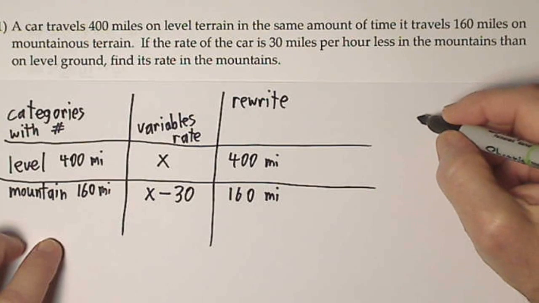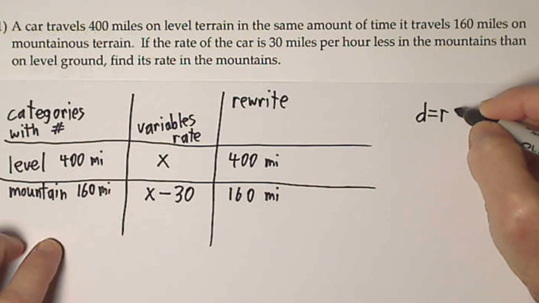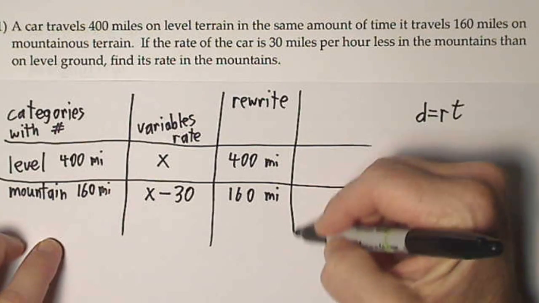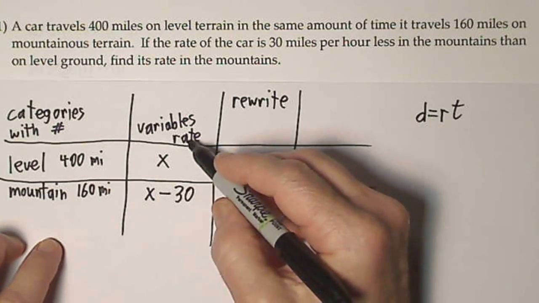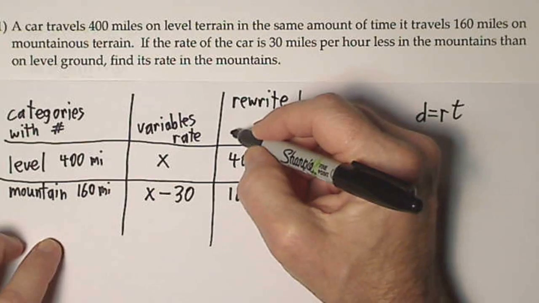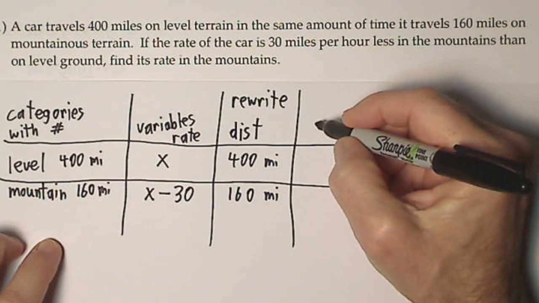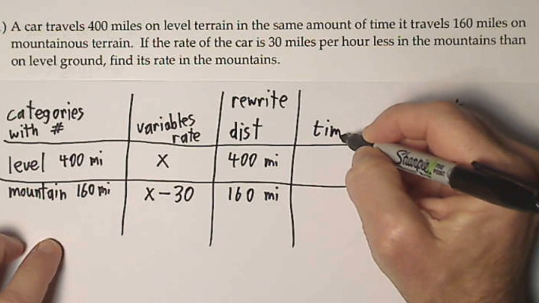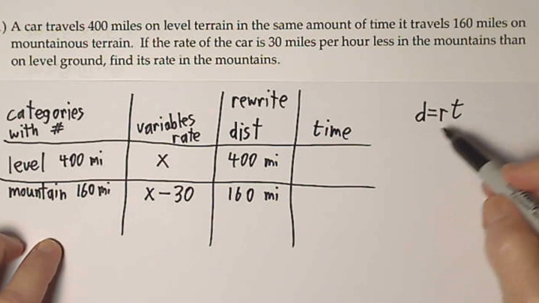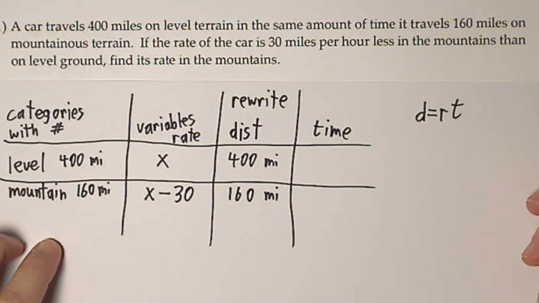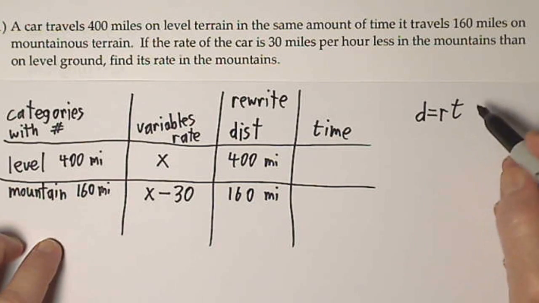I don't want to get off screen. D is equal to RT. Distance is equal to rate times time. All right, and we have the rate. This one would be our distance. So the only thing left to worry about is time. But notice in our formula, T is not by itself. We need T by itself.